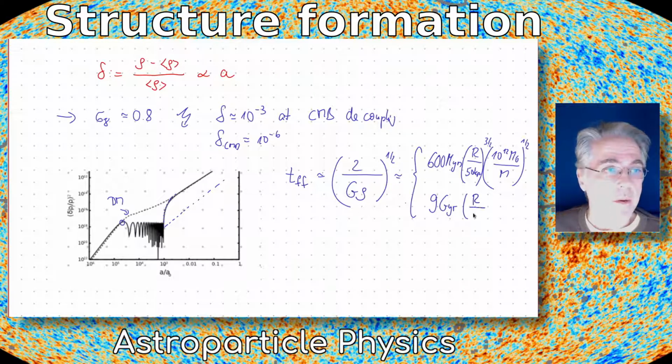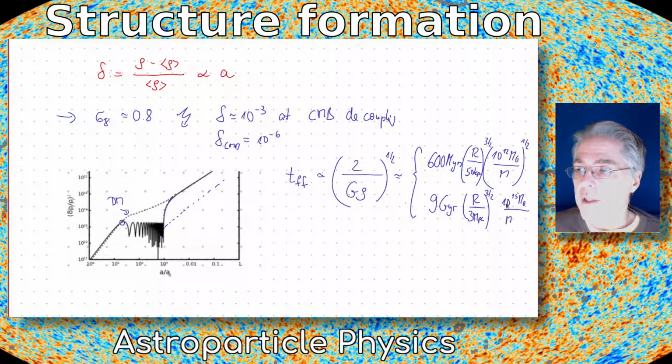And there I put in a radius which is the typical size for a galaxy cluster, so that's about a couple of megaparsecs, and a mass of about 10 to the 15 solar masses. And this also goes with 1 over the mass.